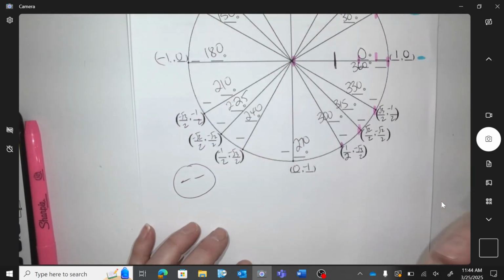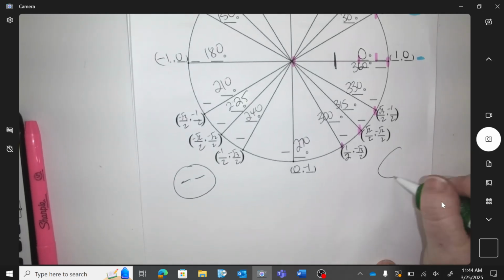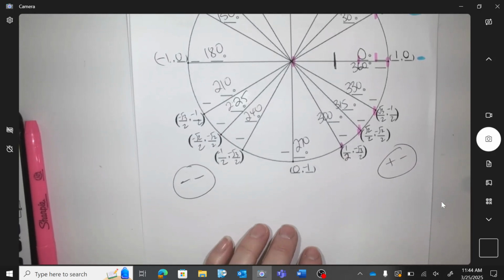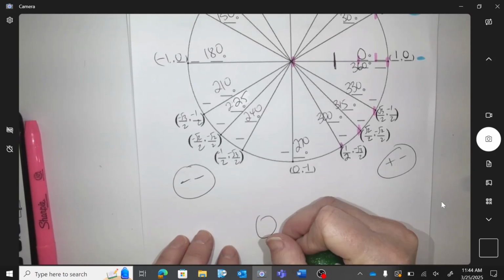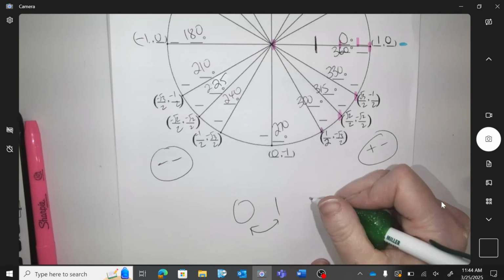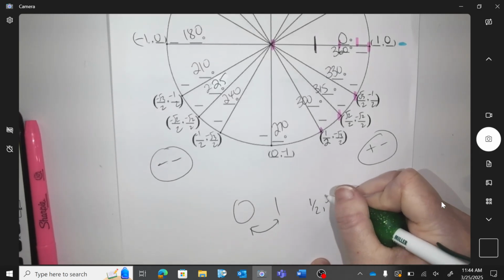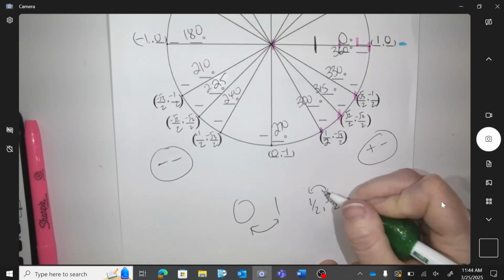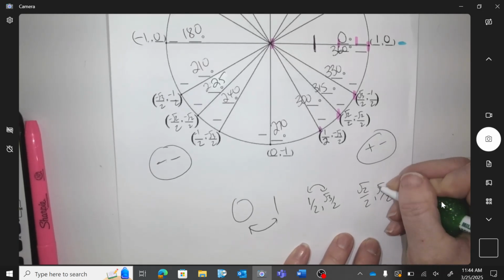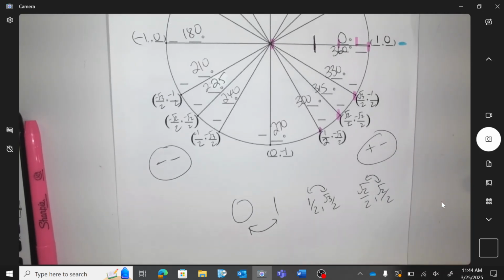Negative, negative, look at my numbers, that lines up. Also I'm always looking to see that 0s and 1s are partnered. 1/2 and root 3 over 2s are always together. And root 2s over 2s are always with each other.